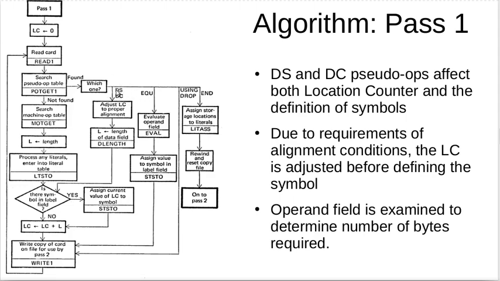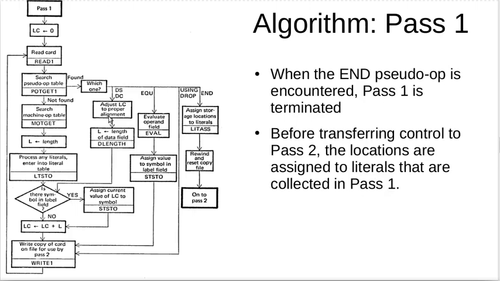First, when we decide that the pseudo op is a DS or DC, we adjust the location counter to proper alignment, and then we examine the operand field to determine the number of bytes required, and that is stored in L. L is the length of data fields. So this is the processing for DS or DC.